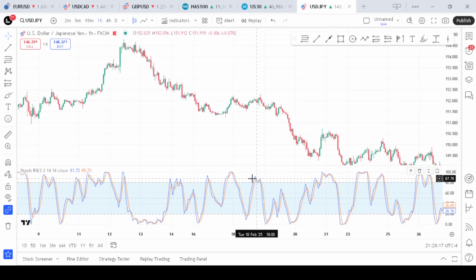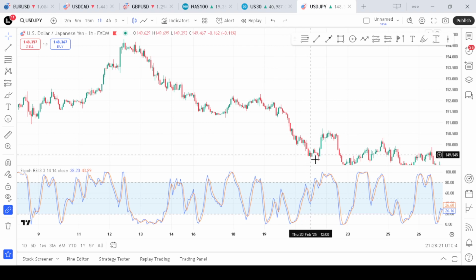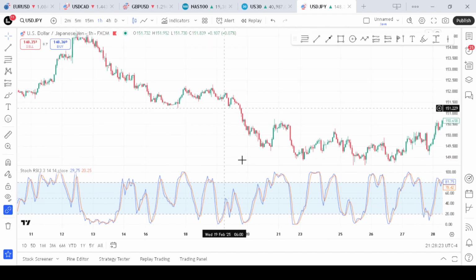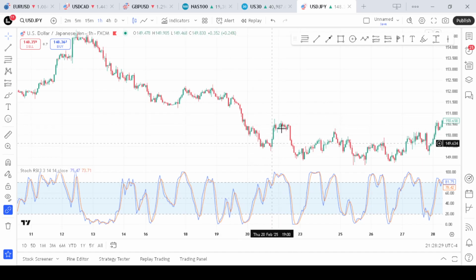And as you can see, when price was pushing to the downside, it wasn't giving us any opportunity because we would be selling in a late area. But when price pulled back to a reasonable area to sell, it got to the overbought region, signaling selling opportunities.